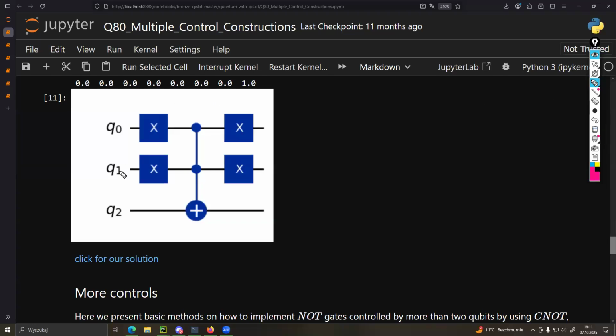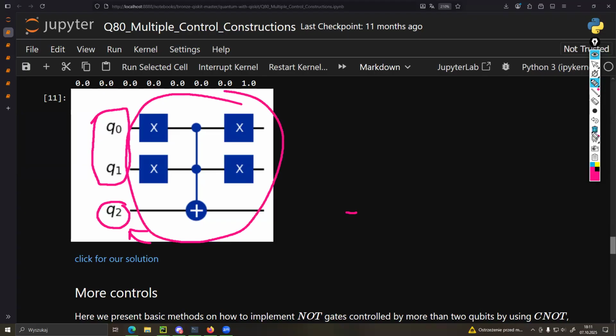So here I have 2 control qubits. I store the result in the third qubit, which is called Q2. But what happens after the operation? Well, if this condition gate holds, since we start from the 0 state, this will become a 1 state.